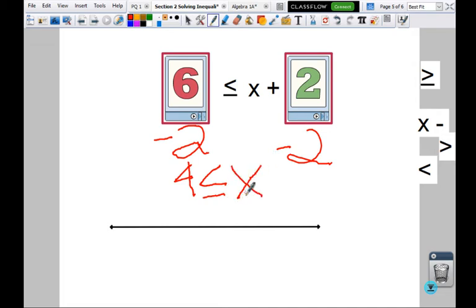That is important. Then you go x, put the line under it, 4 again. And then you come down here to your little number line. And you put your 4 in the middle.